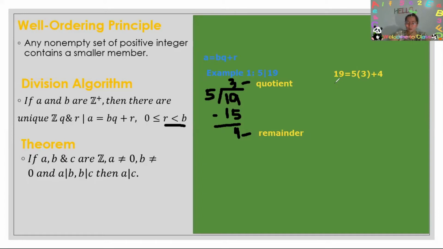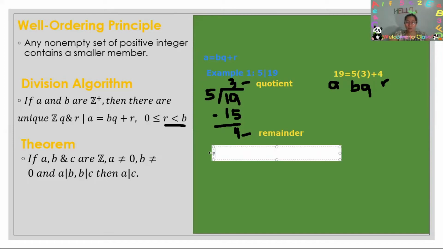So this is our A, this is the B, and this one is our Q, and this one is our R. So take note with the values that we have. And in other cases, remember that the value of our B is 5 and the value of our remainder is 4.